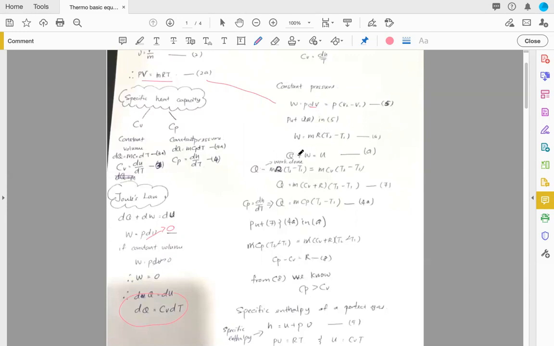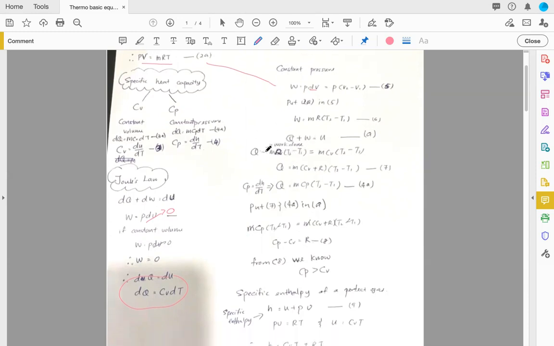And back to Joule's law, Q plus W equals U. But in this part the work is done by the system, therefore W is negative.